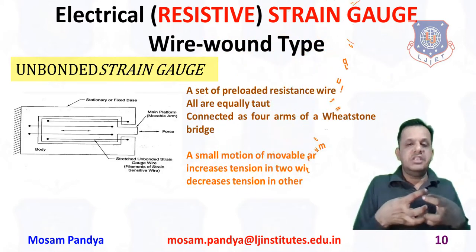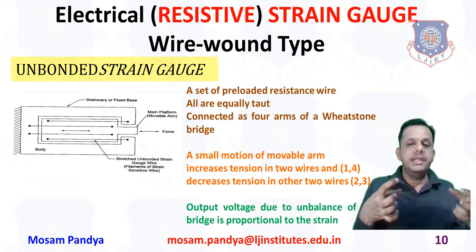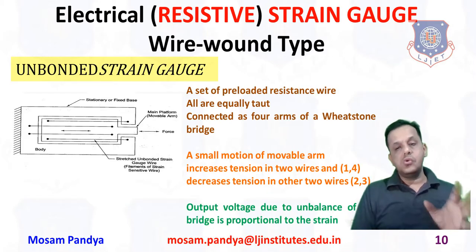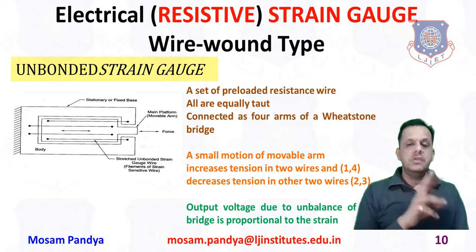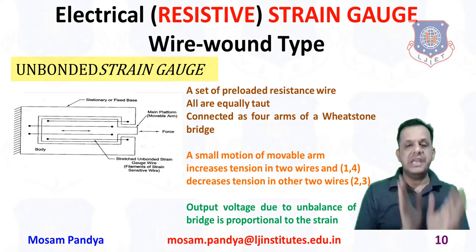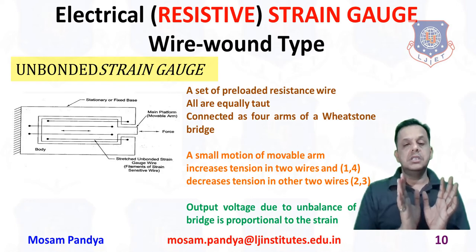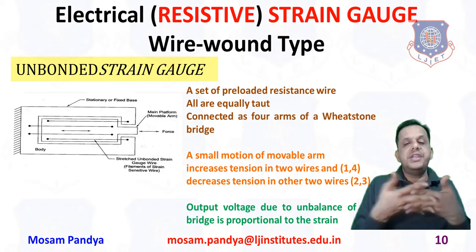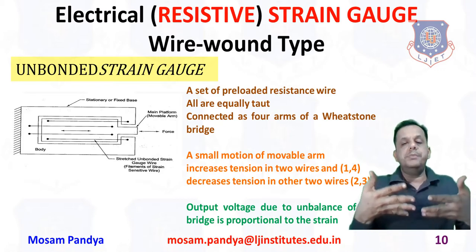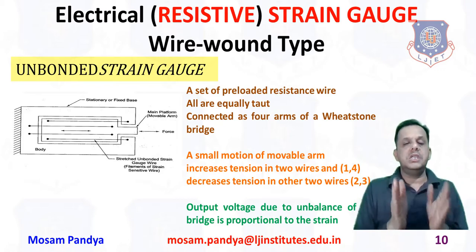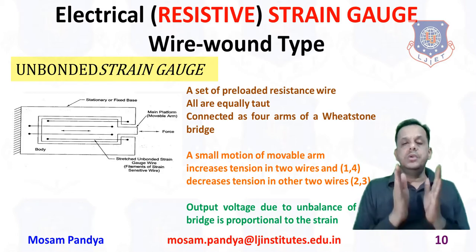Taut means they are equally stretched already and connected as 4 arms of a Wheatstone bridge. We know a Wheatstone bridge has R1, R2, R3, R4, 4 arms. They all should be balanced in the null position, when no load is applied. So here the wires are stretched in such a way that they are preloaded, and in such a condition it will give you 0 reading.